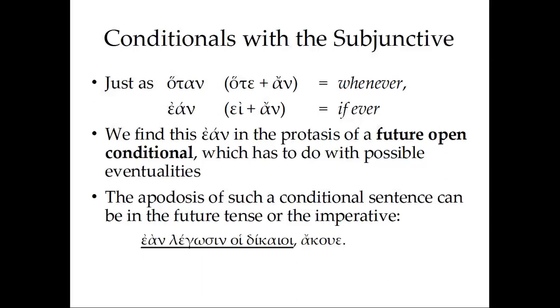For instance, if ever the just speak, we shall listen, would be a very common kind of conditional sentence in Greek. And we would see, again, the ean plus subjunctive in the protasis and the future tense in the apodosis.